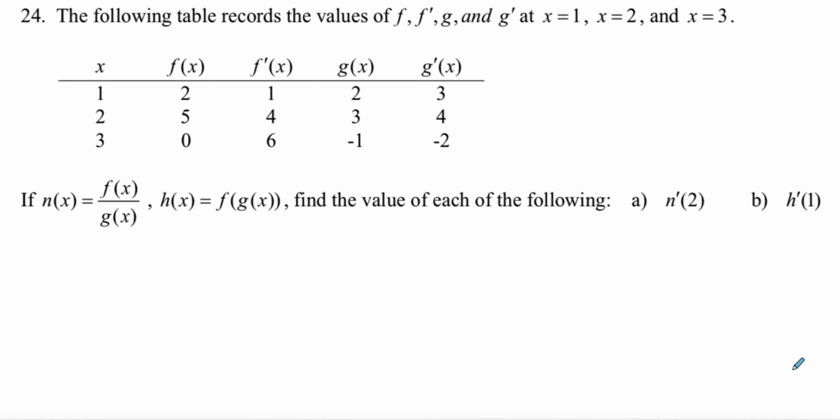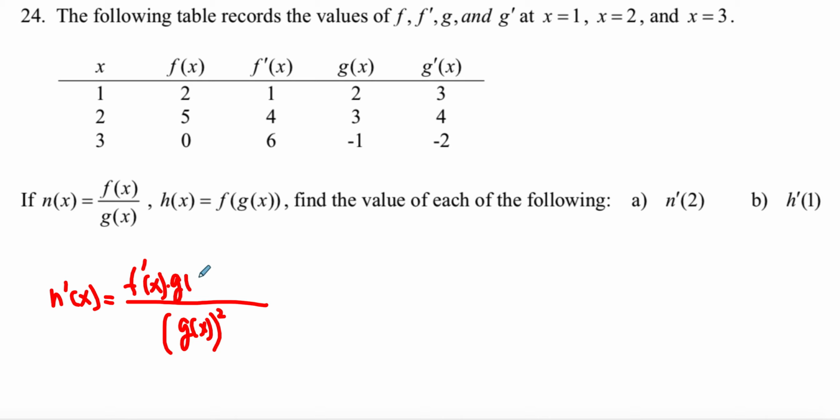Alright, let's look at number 24. A similar idea is happening here: n prime of 2. Here we have to realize that for n prime of x, we have to use the quotient rule. So g of x has to be squared on the bottom. First f prime of x times g of x minus f of x times g prime of x.